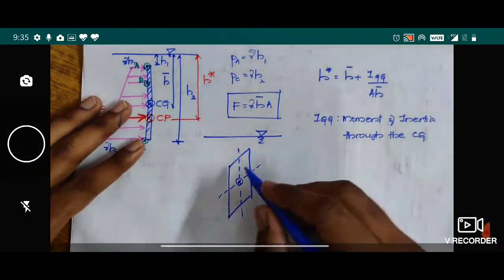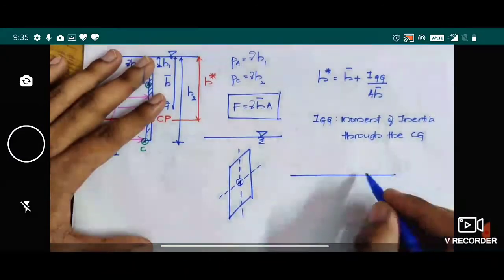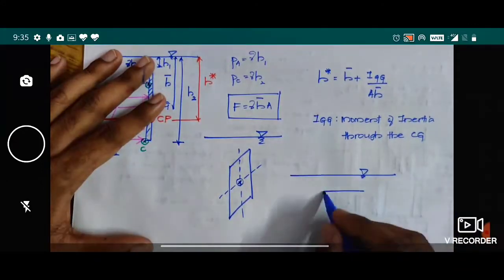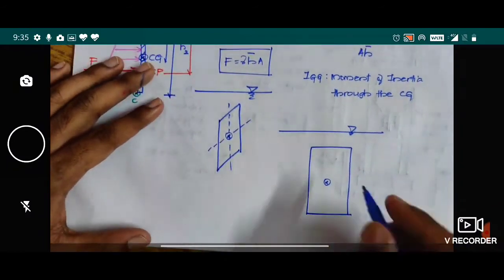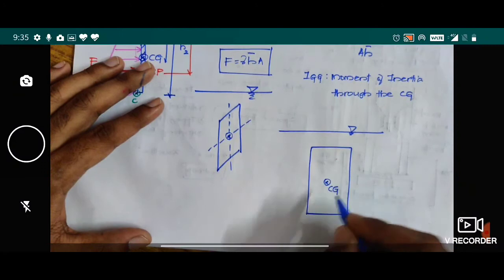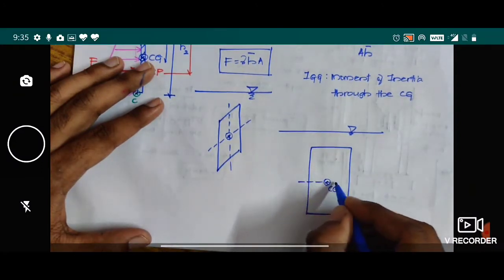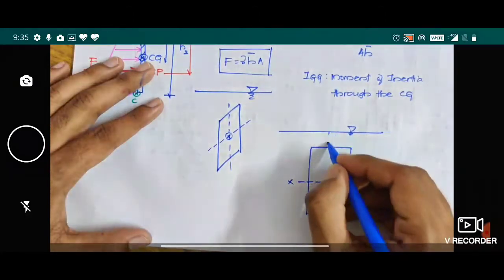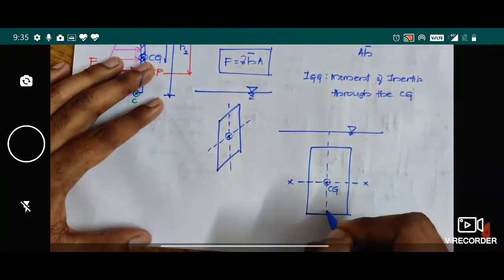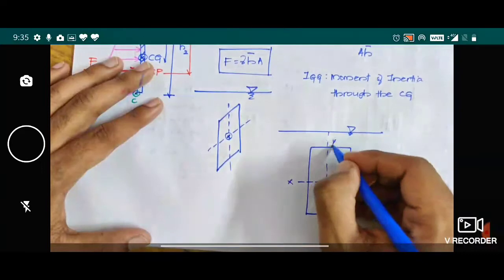So if I draw at a different angle, see, this is how you have a plane like this. This is your center of gravity, and you have this going, let it be IXX, and let this be IYY.